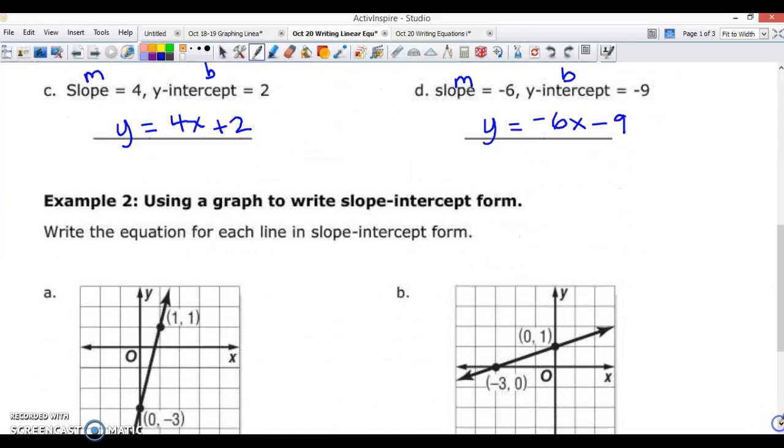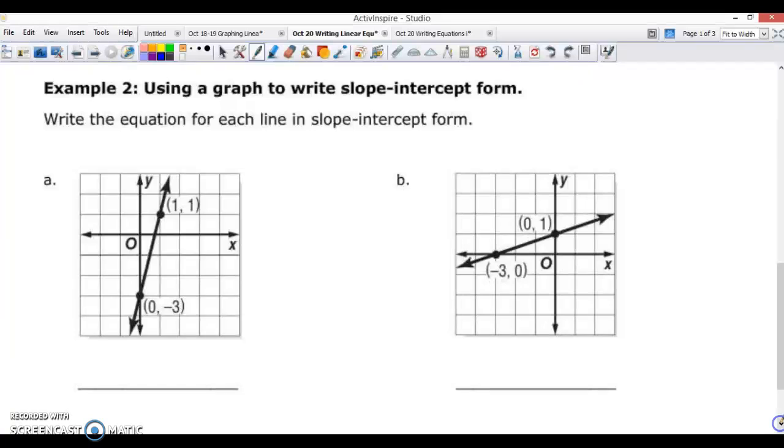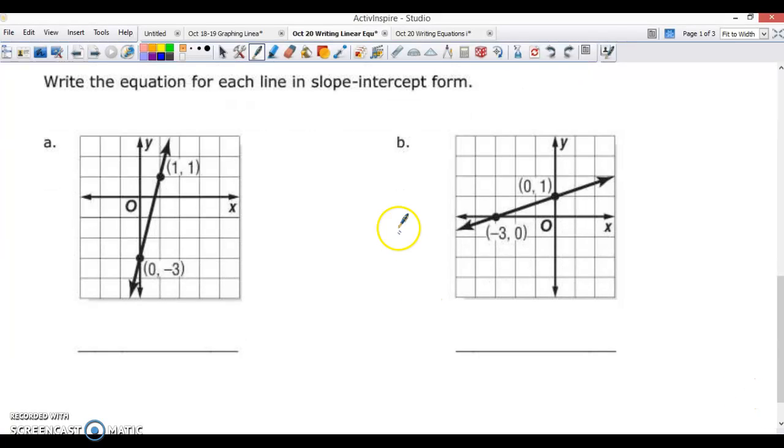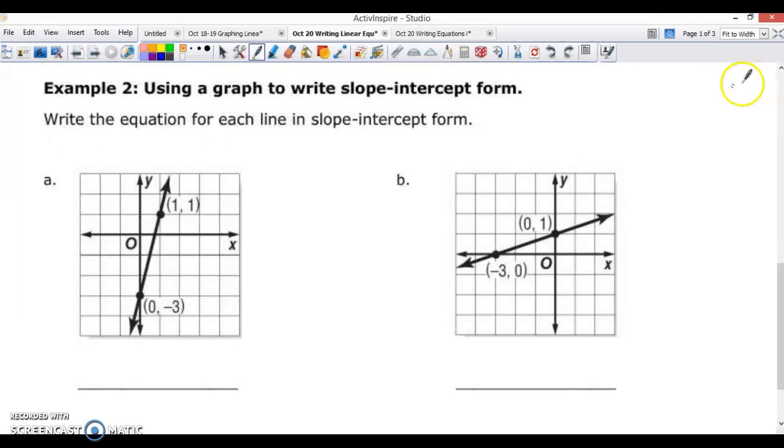How about when we're given a graph? We can write the equation for a line. Now, I typically like to find my slope and find the b before I can write the equation, because you definitely need those two pieces of information.